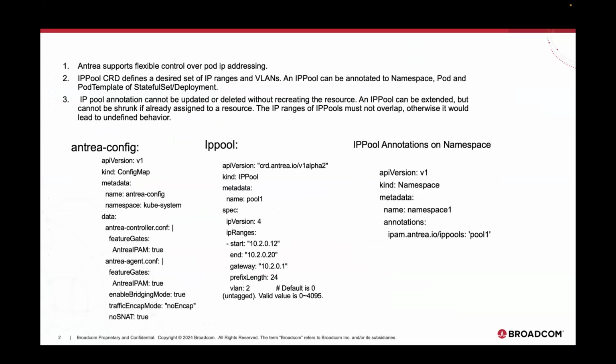Here I have listed a few points about the Antrea flexible IPAM feature. The first is Antrea supports flexible control over Pod IP addressing. That means the user can create an IP pool and specify the IP ranges in the IP pool. When the Antrea agent receives the add request, it will allocate the IP to the Pods from that created IP pool.